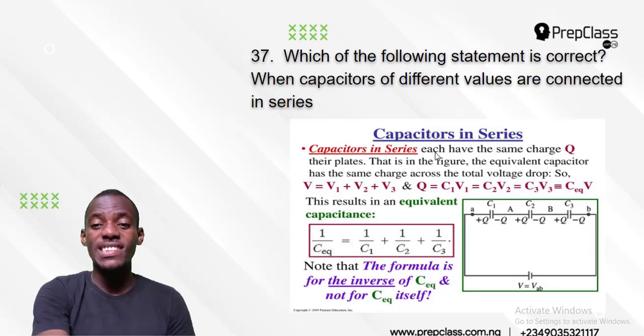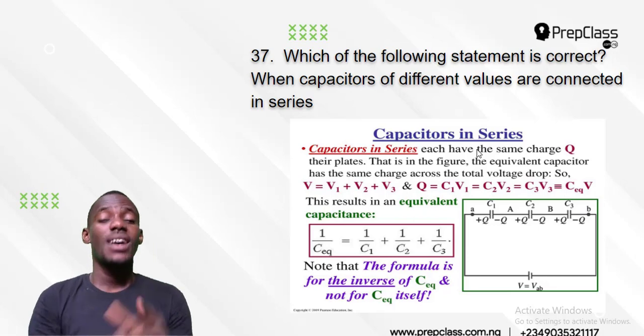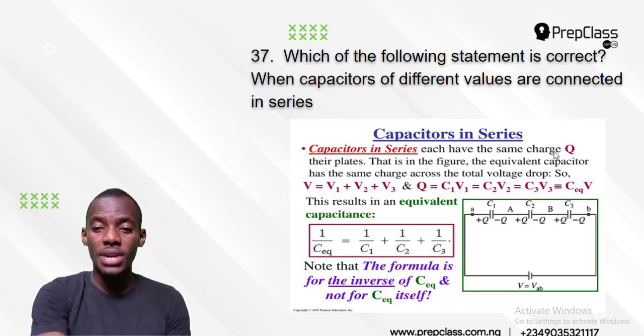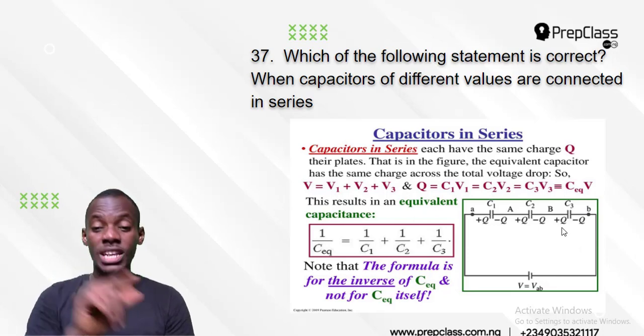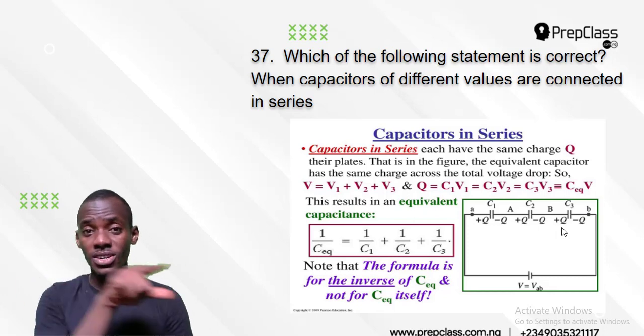Any capacitors in series will have the same charge, just as they have the same current. So in any series connection like this one here, I have Q, Q, Q, Q. A series connection is always on a straight line.